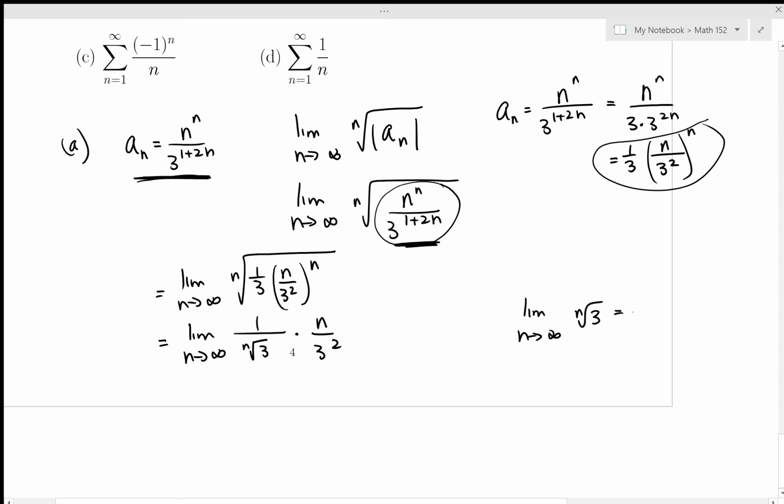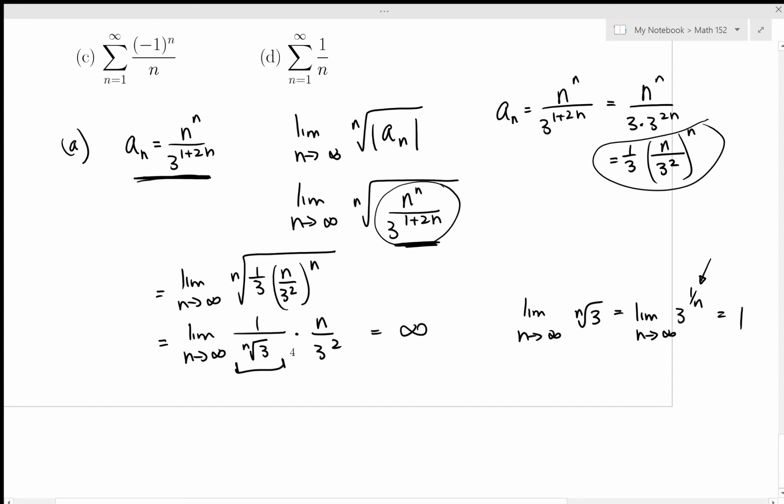The limit as n goes to infinity of 3 to the 1 over n looks like this. I can see that this exponent goes to 0, so this thing goes to 1. So this portion out in the front is going to 1, and then I have multiplying that by n over 3 squared, and when n gets large, this thing gets large.